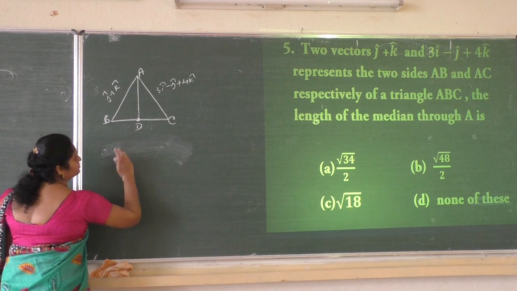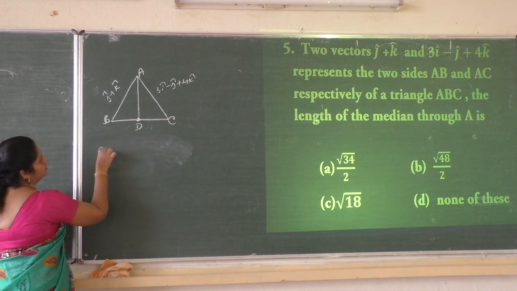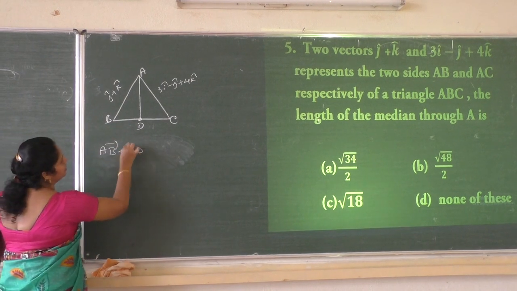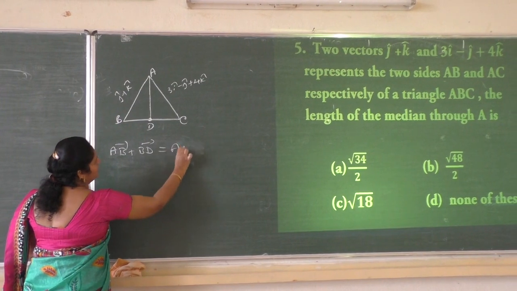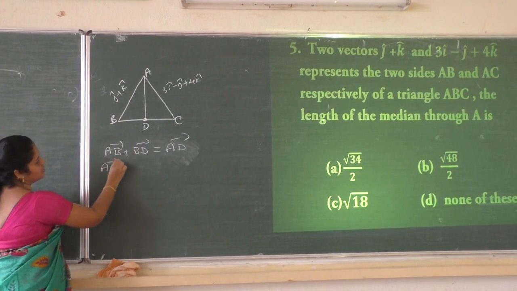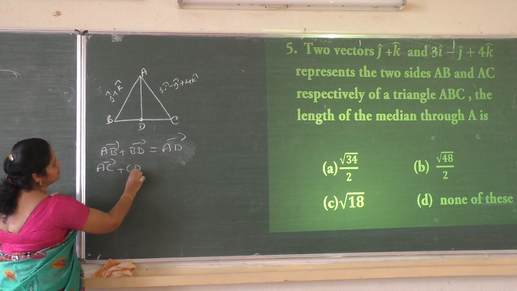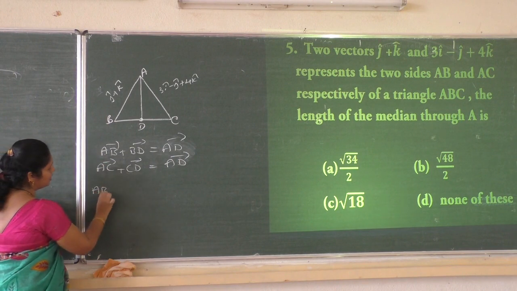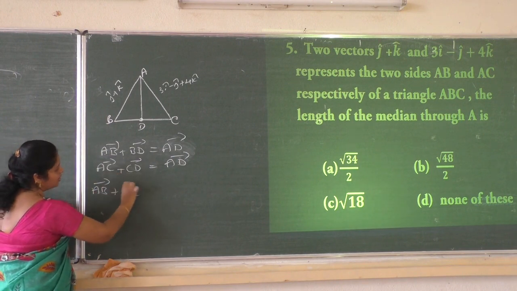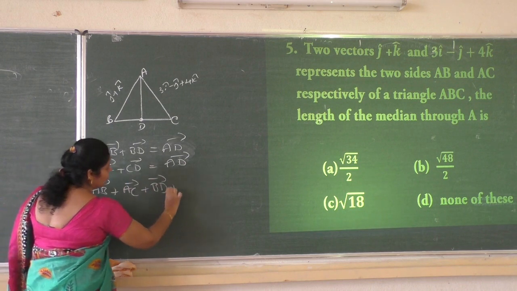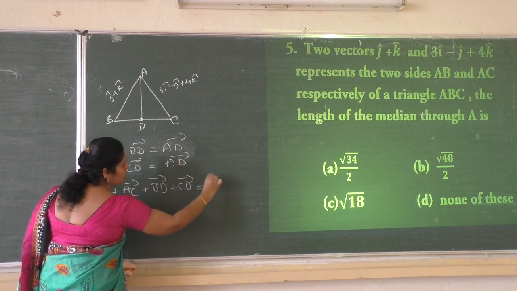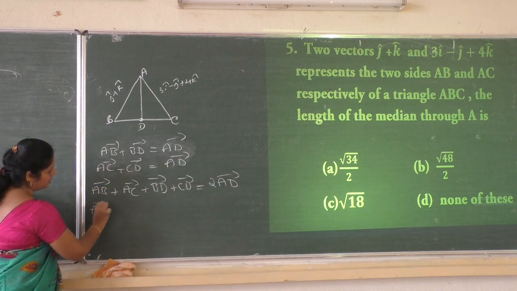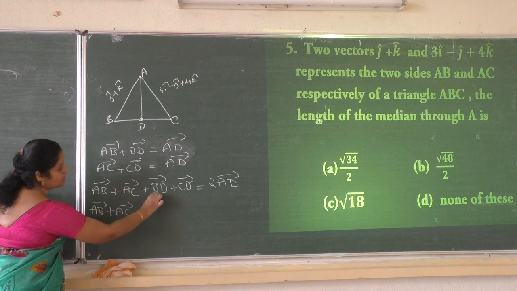That is by the triangle law of vector addition. Vector AB plus vector BD is equal to vector AD, and also vector AC plus vector CD is vector AD. Add these two, we get vector AB plus vector AC plus vector BD plus vector CD is equal to 2 times vector AD. Now what is vector BD?